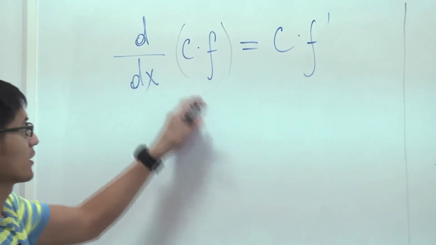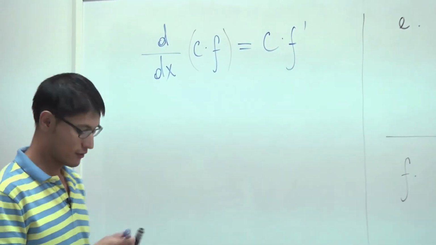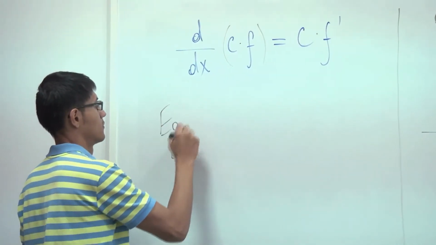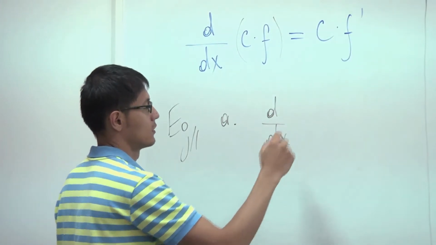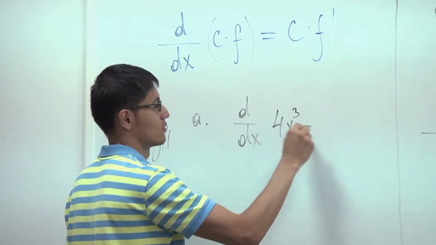Okay? So the constant slides over, you only differentiate f. All right? So, for example, let's say you want to take the derivative of 4x cubed.